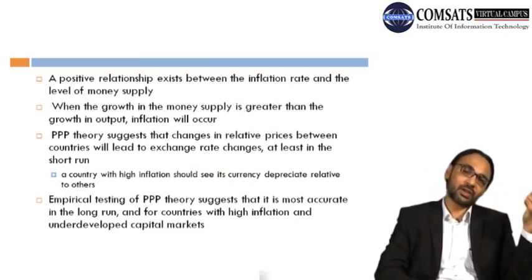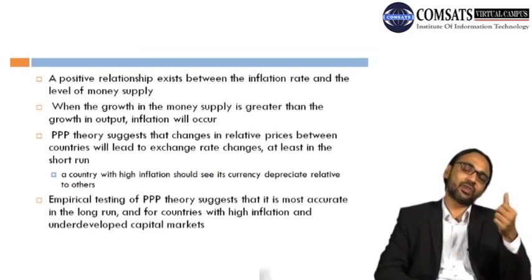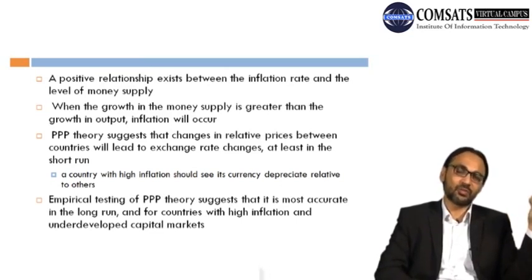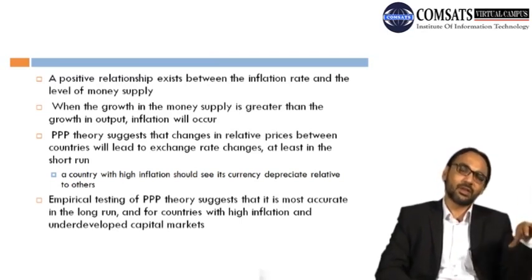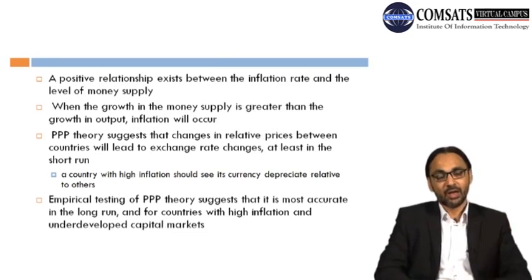The currency of the country which has inflation should be devalued, depreciated. In our scenario, the Pakistani rupee should be depreciated against the US dollar because of this change in price, or because of this inflation factor.